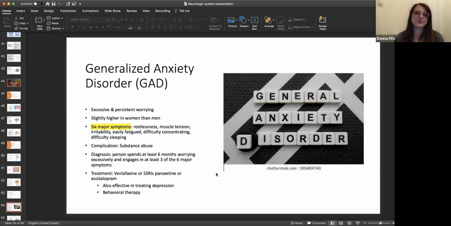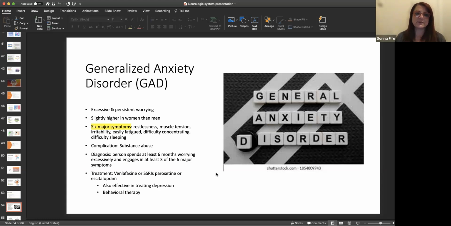Generalized anxiety disorder involves excessive and persistent worrying. This condition is slightly higher in women than men. There are 6 major symptoms: restlessness, muscle tension, irritability, being easily fatigued, difficulty concentrating, and difficulty sleeping. A complication is substance abuse.